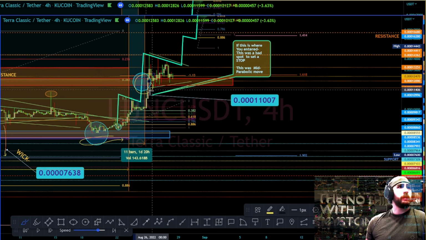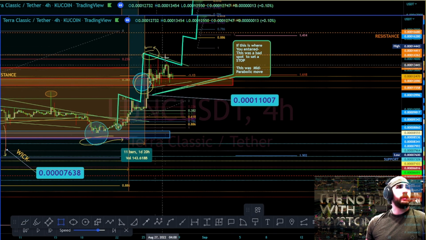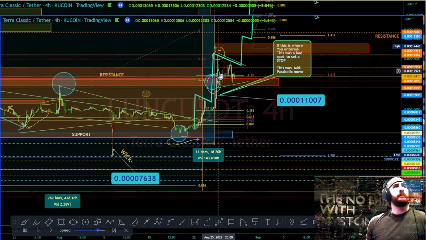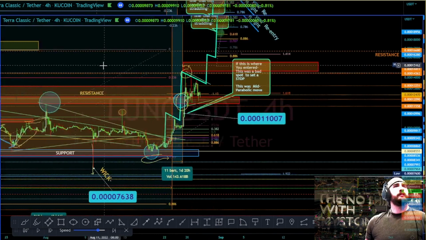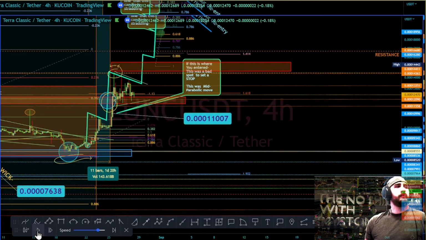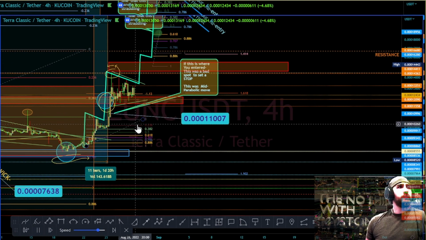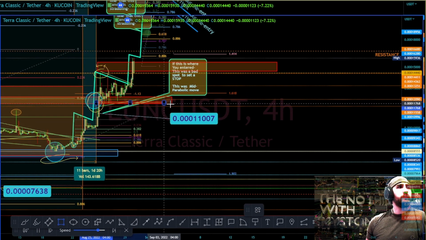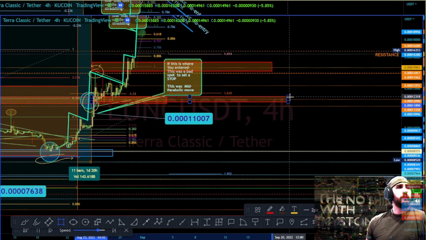Just shattered that resistance, just broke right through this wick right here. So this wick is the new resistance zone. And this is the new support.